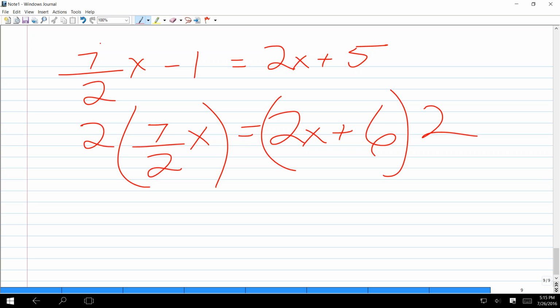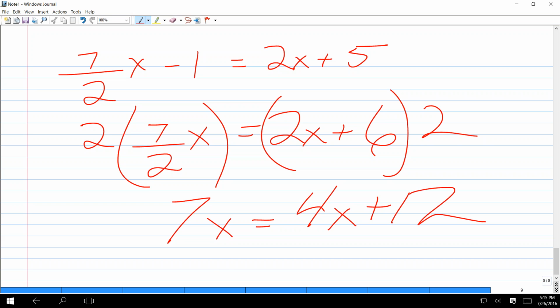I don't have to deal with this 2 times this minus 1. So it's just a little easier if you get rid of any numbers that are being added or subtracted all off on their own by themselves, like this minus 1. Now we have 7x equals 4x plus 12. Move the 4x over, we got 3x equals 12, x equals 4.